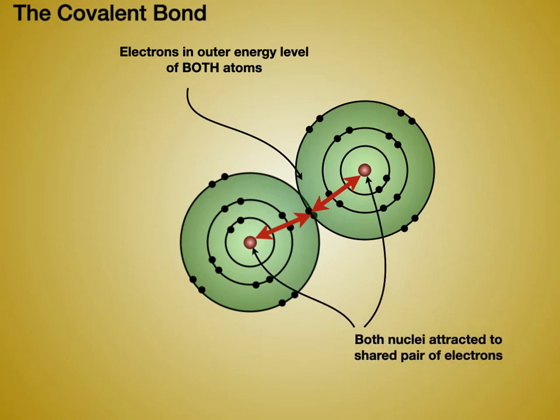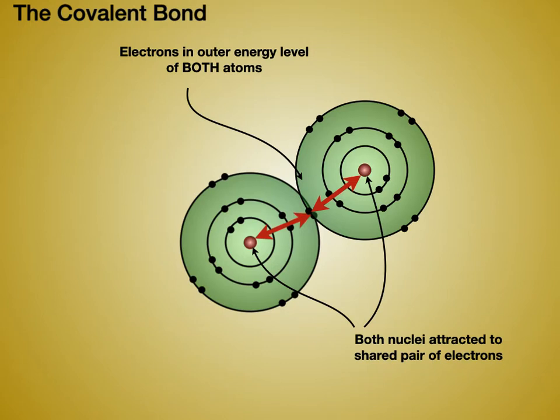Similarly, those nucleuses are being held tightly by those 2 electrons because charge and attraction work both ways. And this is what's going to stick these 2 atoms together. That shared pair of electrons in the middle, both held tightly by strong forces of attraction.